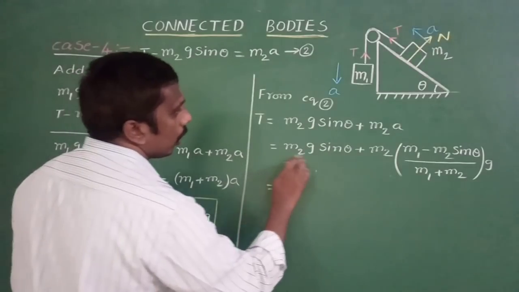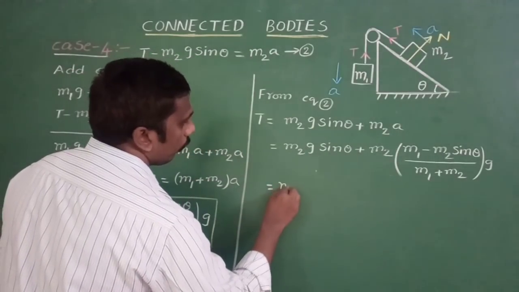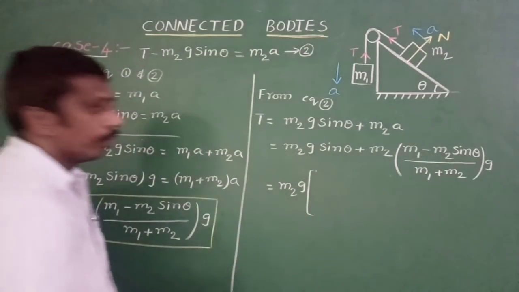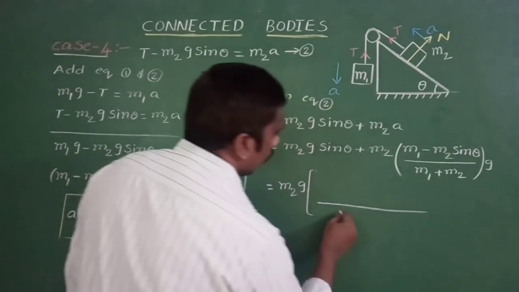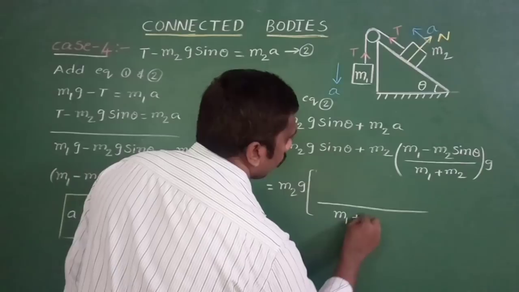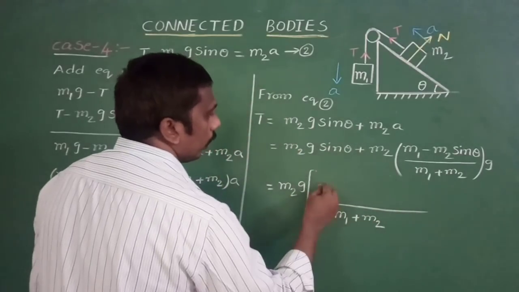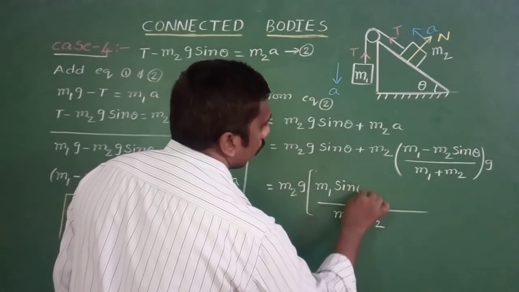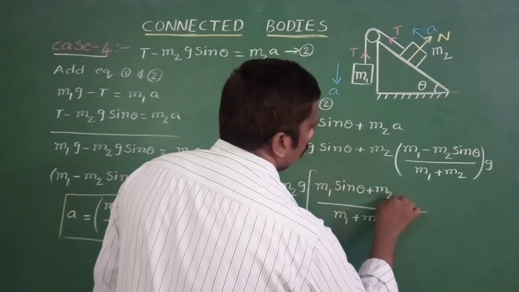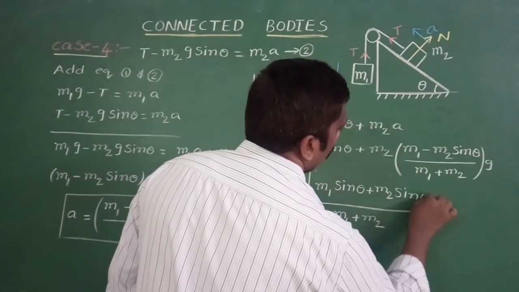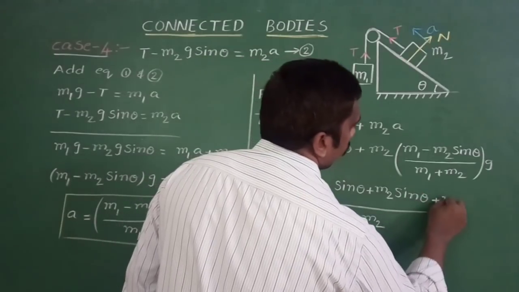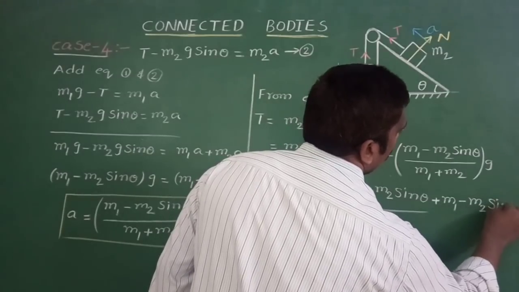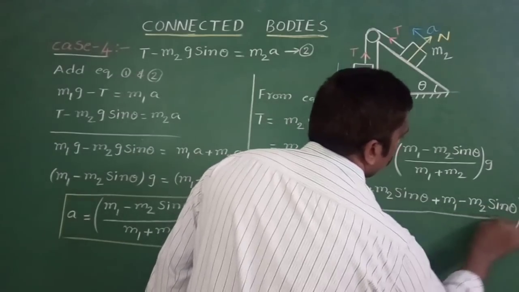From these, you take m2g common, and take the LCM. In this the LCM is m1 plus m2, then you multiply, and you get m1 sin theta plus m2 sin theta plus m1 minus m2 sin theta. We will get this equation.